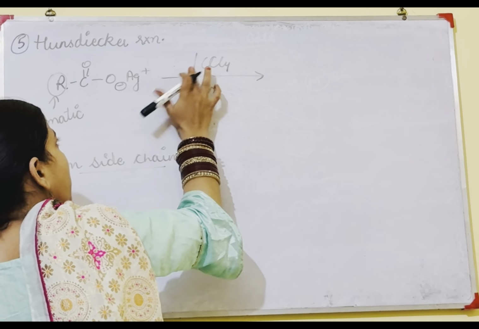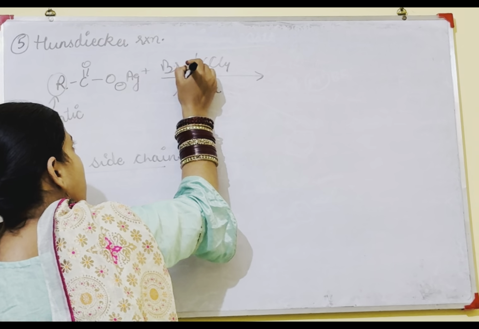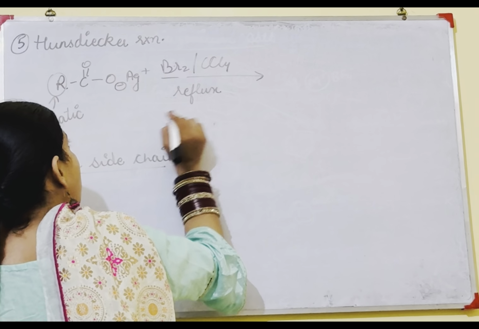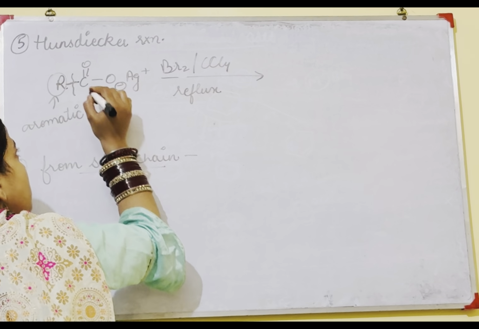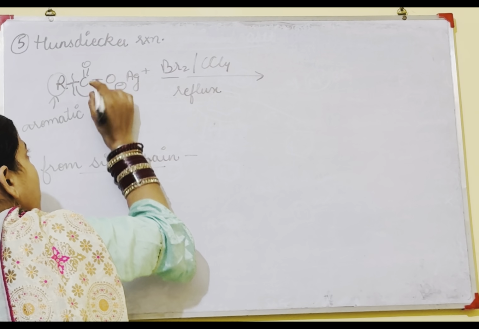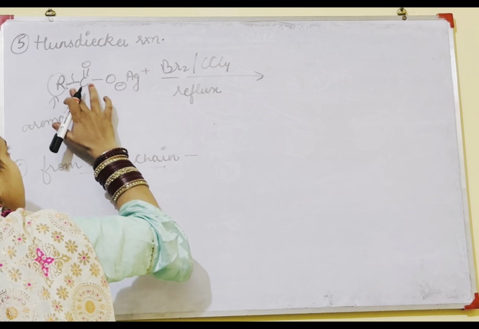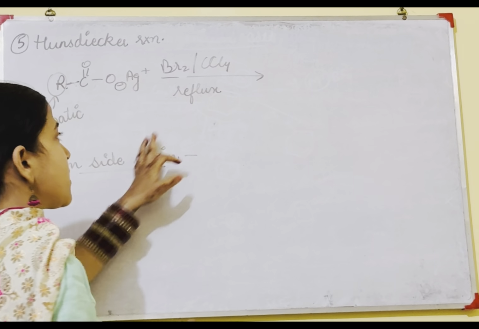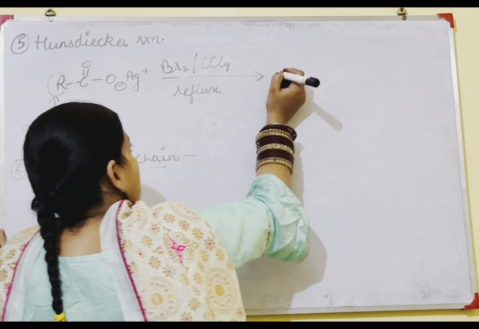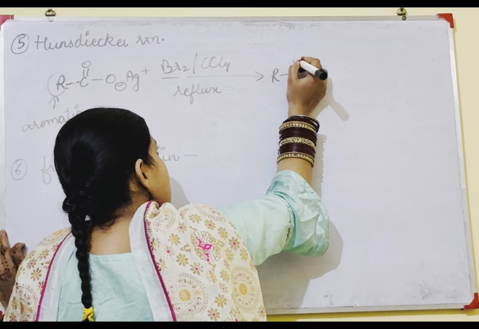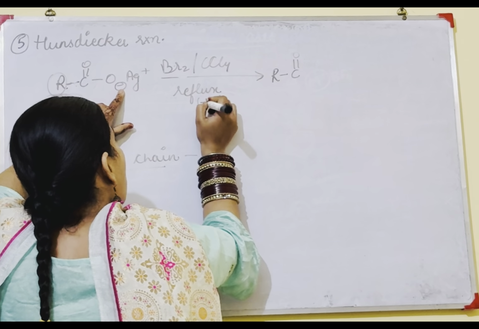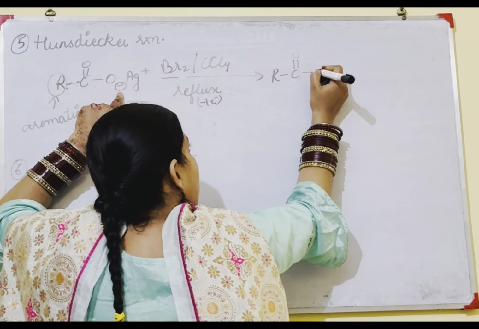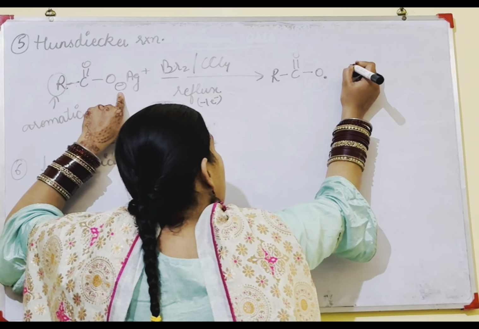Instead of X you can take Br2. Here a free radical reaction will take place. This bond will break. RC double bond O will lose one electron from this negative, and it will become an O radical.